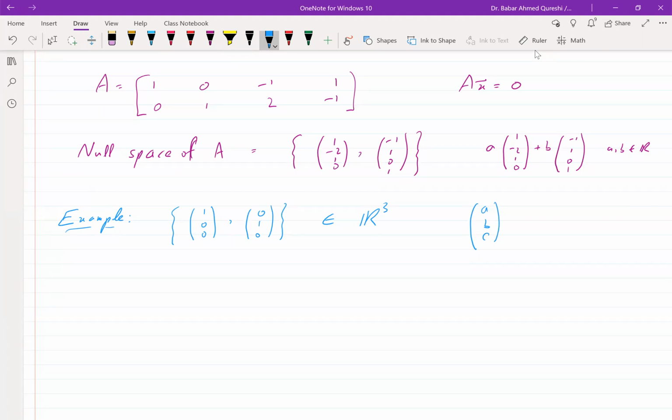Now I make a span. Let's call it some set W, where A, B are any real numbers.